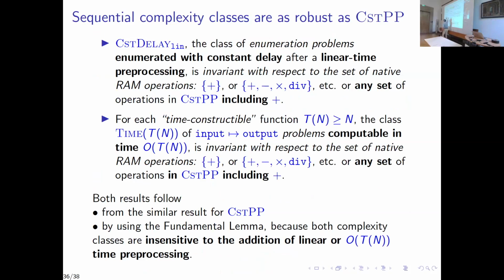This is classical for input-output problems. It's invariant with respect to the set of allowed operations.